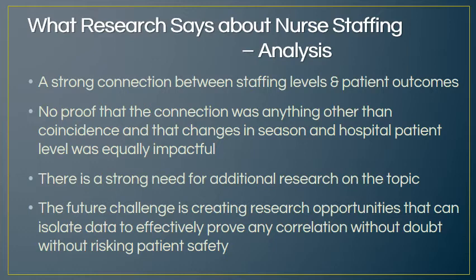Many of the article authors list the limitations of available data as a main issue with their research. Because it is impossible to separate out just nurse staffing as the causative factor for patient outcomes like falls, pressure ulcers, infections, and readmission rates, it is impossible to say that nurse staffing is always the driving force.